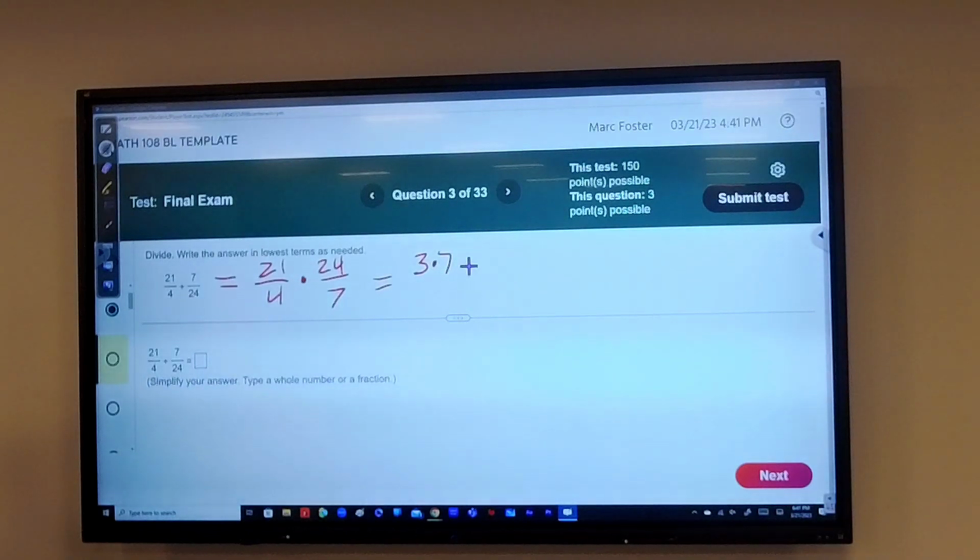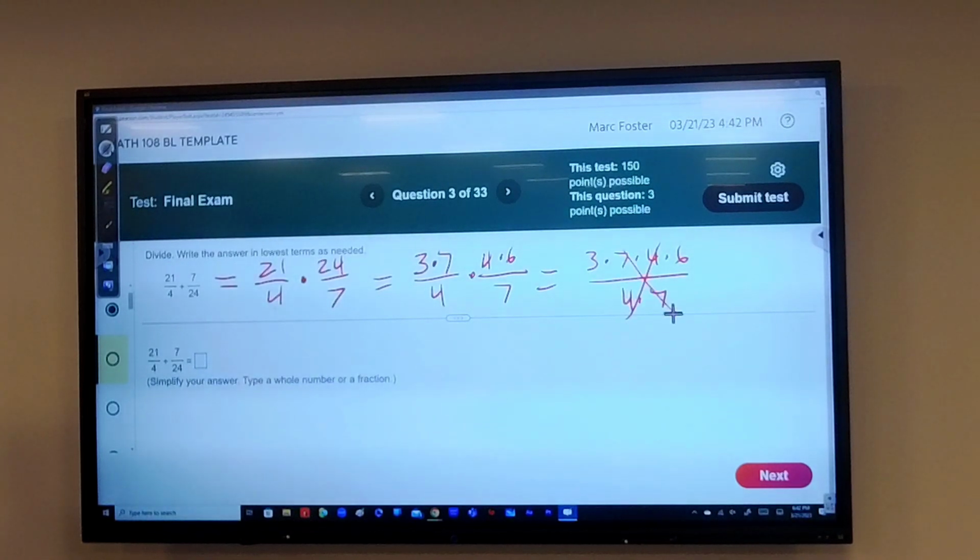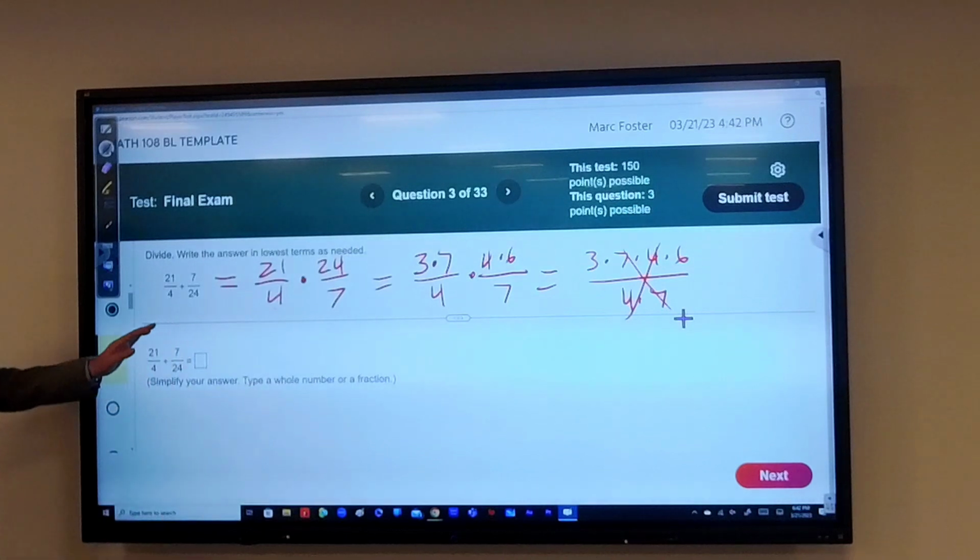And the 24 is 3 times 8, but I would like it to be something that has a 4. 4 times 6. So 4 times 6 over 7. Now I will multiply the two together and get 3 times 7 times 4 times 6 over 4 times 7. And we have the same thing happening to us. You can tell me the answer now.